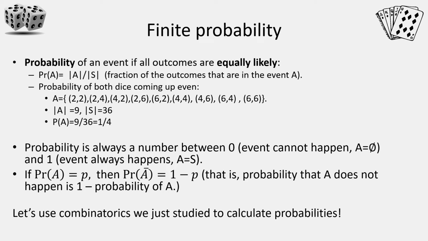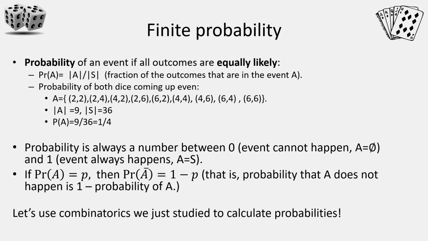So for example, if you throw 2 dice and your event is that both come up even, well, this will happen in 9 out of the total of 36 possibilities. So the probability of both coming up even is 9 over 36, which is 1/4. Again, this heavily uses the fact that we assume that every pair of numbers is equally likely. Well, every pair of numbers between 1 and 6.